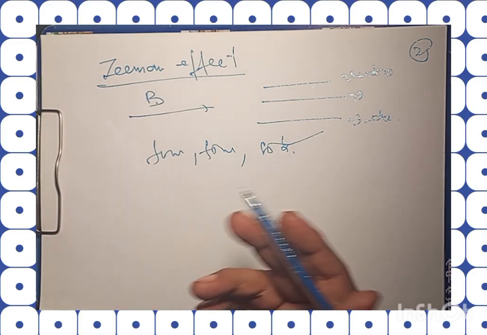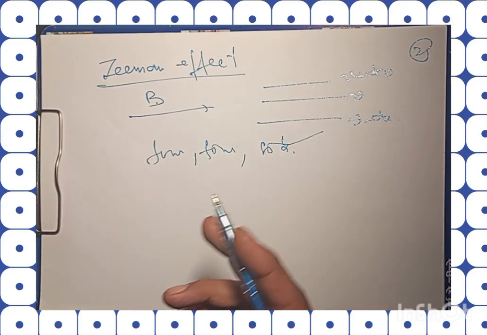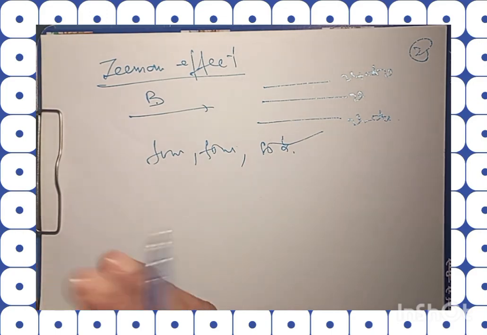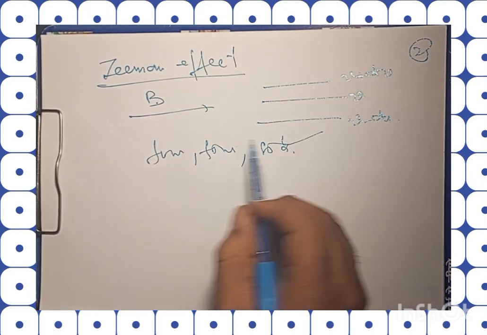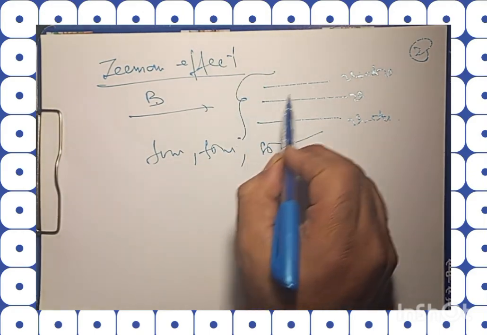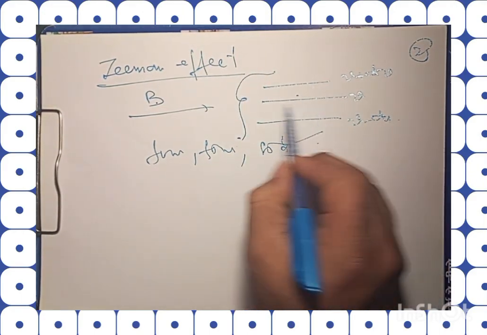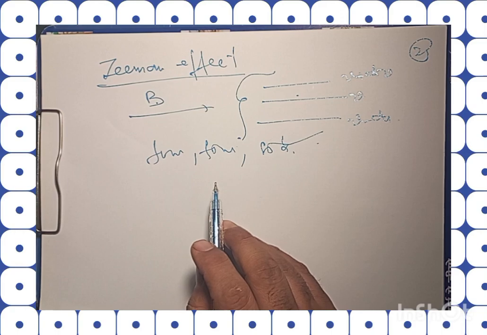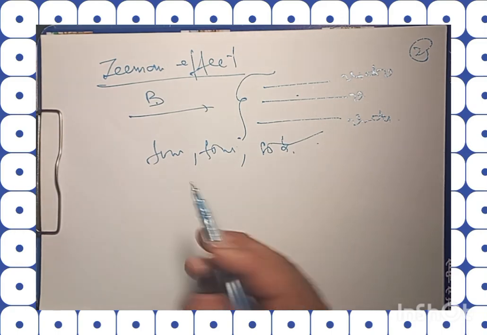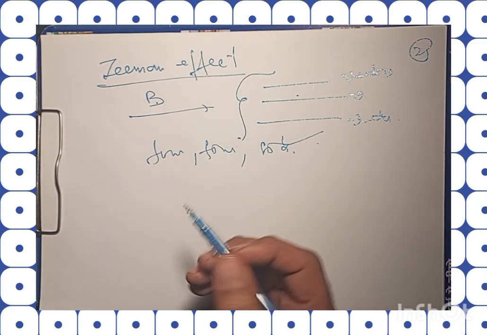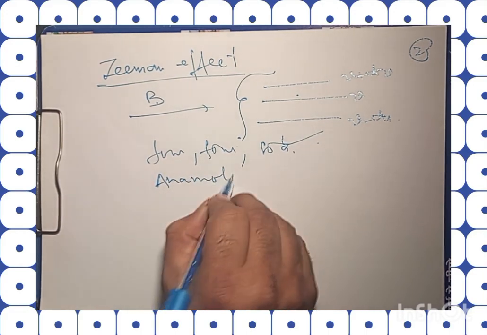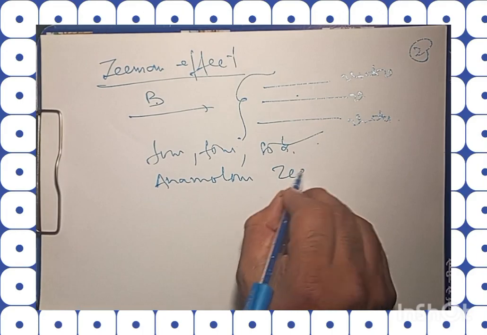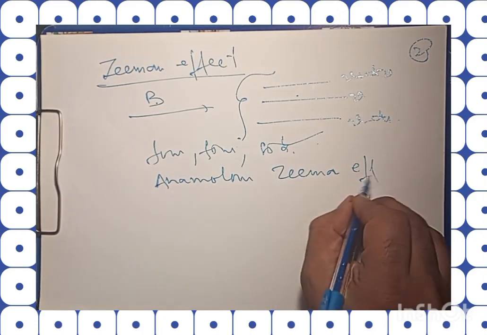Even when three components are present, the spacing may not exactly agree with what we predict theoretically for the spacing between the energies. This we call the anomalous Zeeman effect.